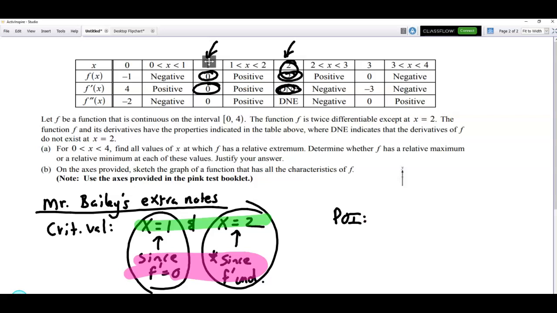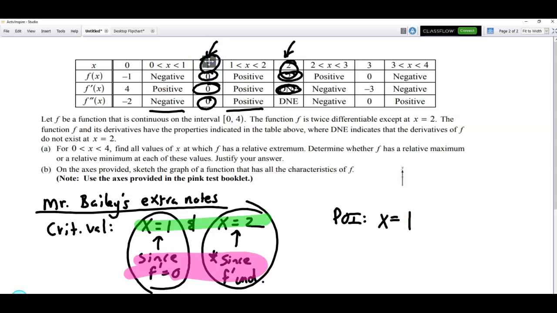In other words, the second derivative changes from negative to positive or positive to negative. But once again, the point has to exist. So here's a place where f double prime is 0, and if you look to the left and right, it changes signs at that point. So that's a point of inflection. At that point, x is equal to 1.